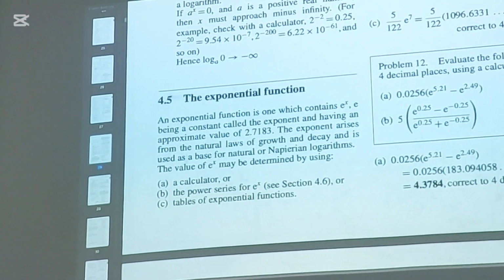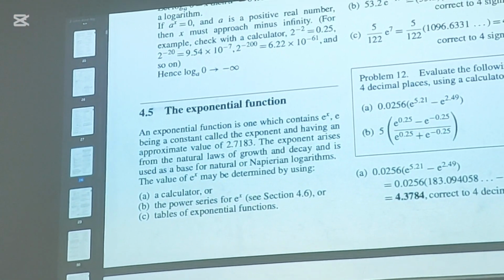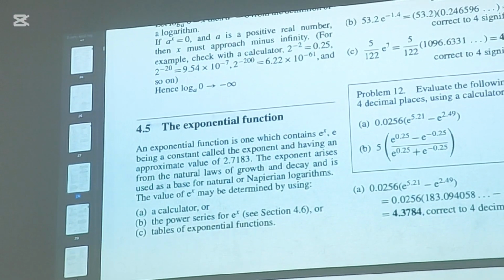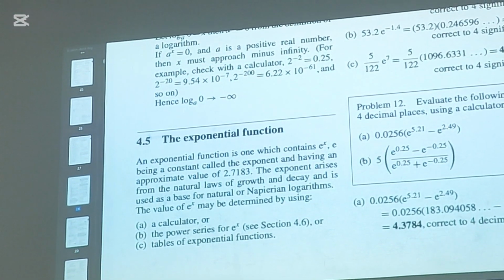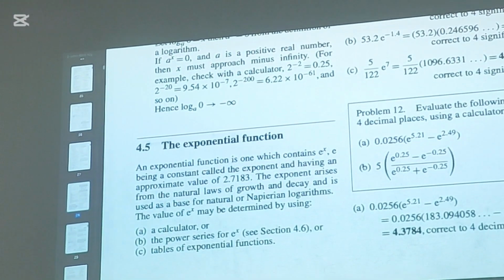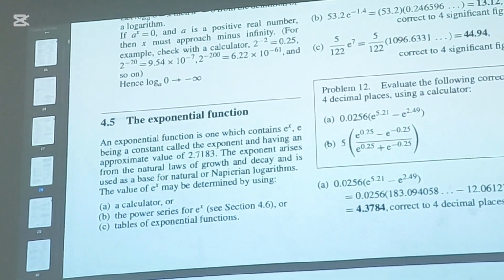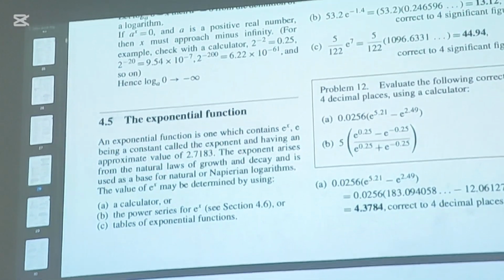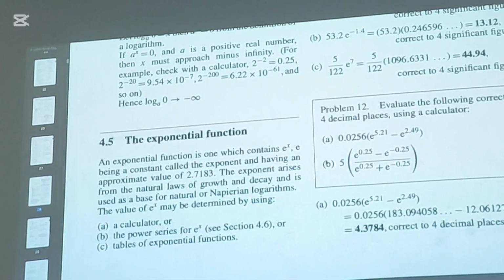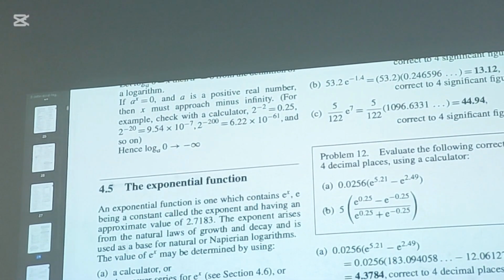To solve the exponential function, you can also use the logarithmic law. You have 3 logarithmic laws: plus, minus, and power becomes multiplication.